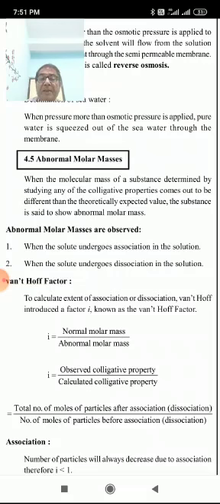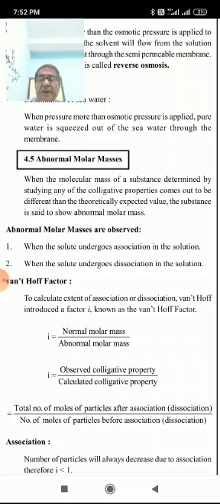First one, it is the ratio of the normal molecular mass calculated by formula to the abnormal molecular mass. We calculate it by different colligative properties like relative lowering of vapor pressure, elevation in boiling point, depression in freezing point, or by the osmotic pressure method.